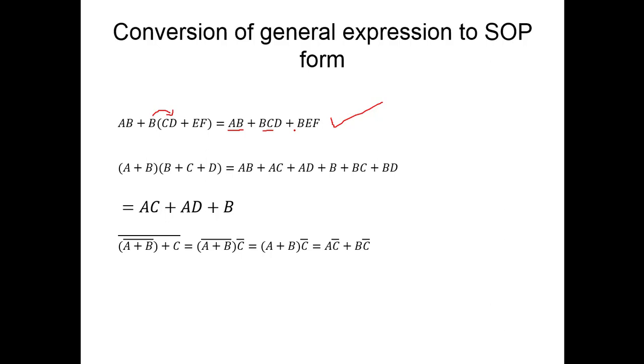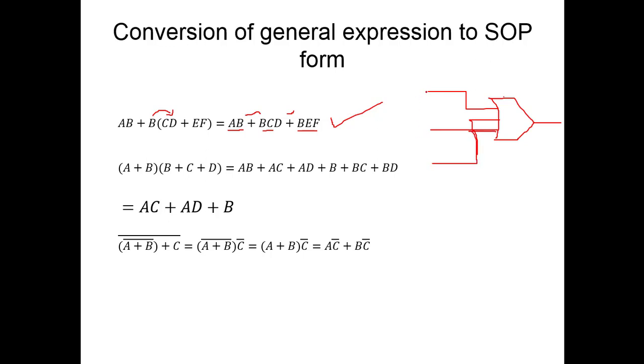So if we implement this expression using logical gates, we have an OR gate at the output, and it has three inputs, and each of its inputs corresponds to a product term. So we have an AND gate for each product term.